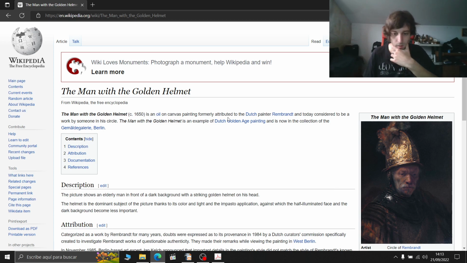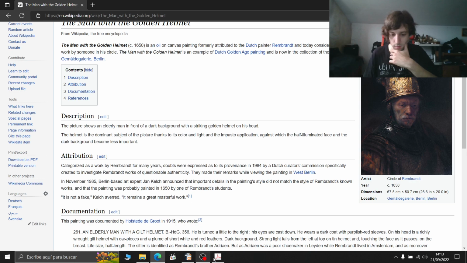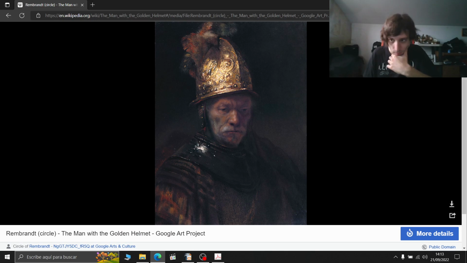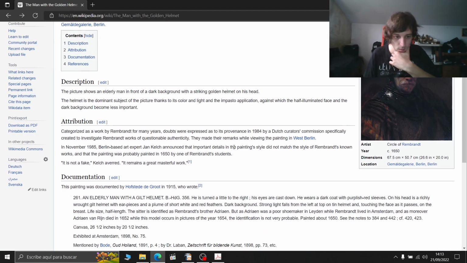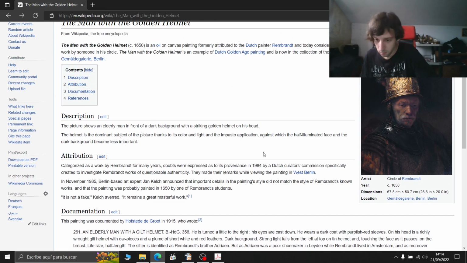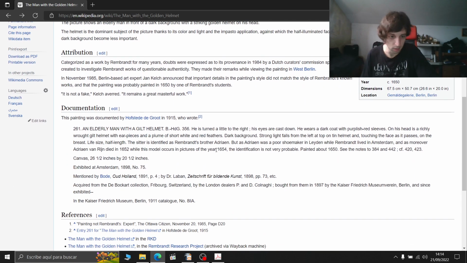All canvas attributed to the Dutch painter Rembrandt, today considered to be a work by someone in his circle. Circle of Rembrandt.